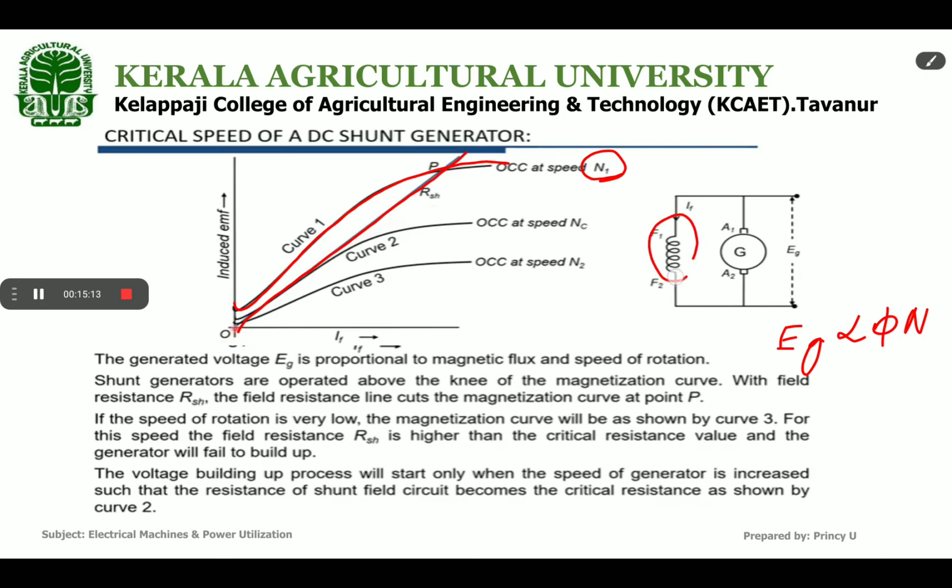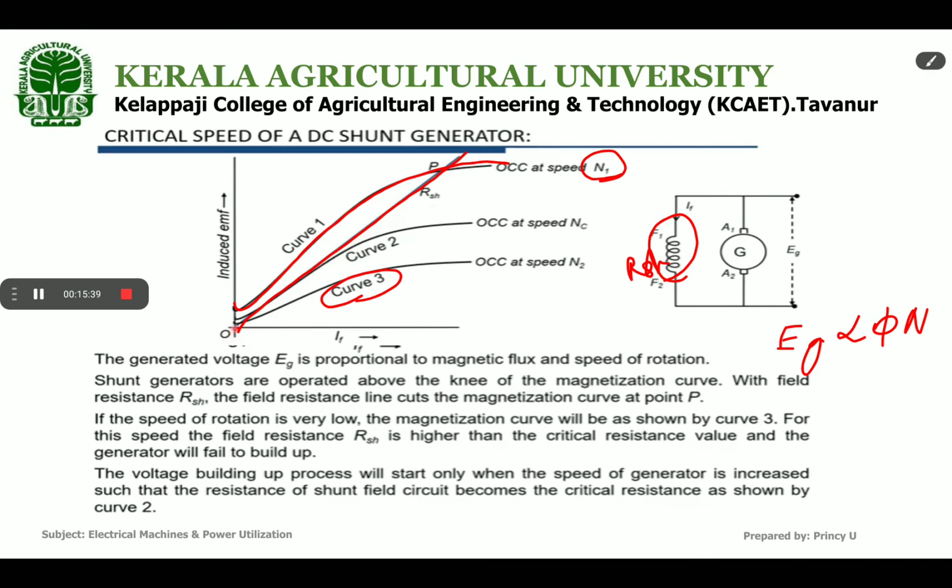For a particular generator with the RSH value, we draw the OCC curve and we draw the RSH line, the shunt field resistance line, that is OP. Okay, this is our curve. Now if the speed of rotation is very low, now we are reducing it to a very low value, that is represented by curve 3.